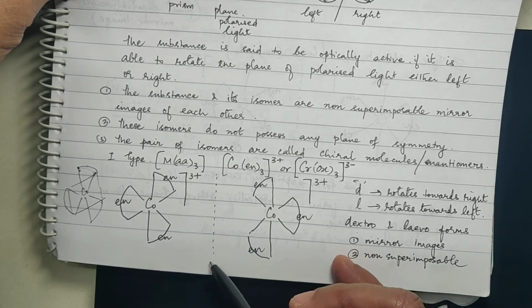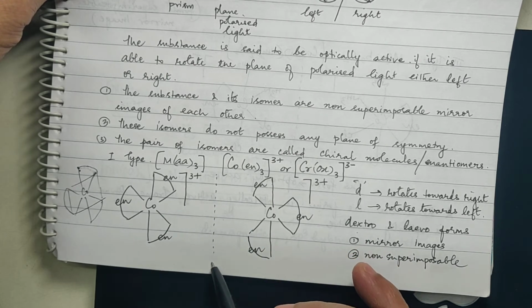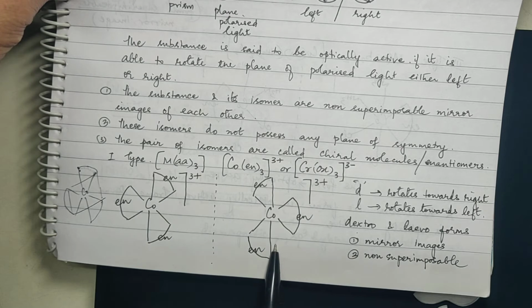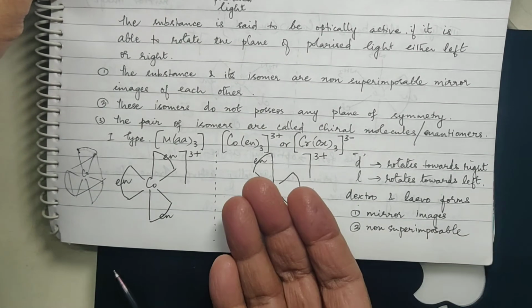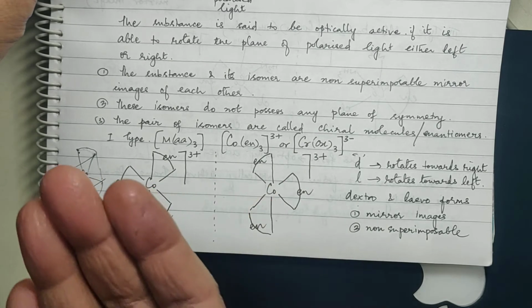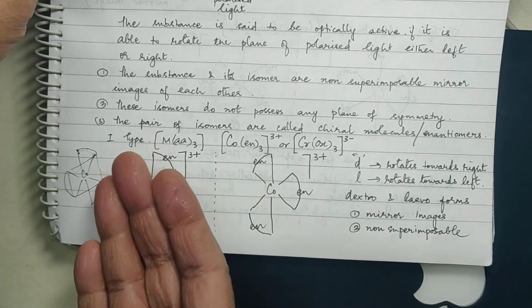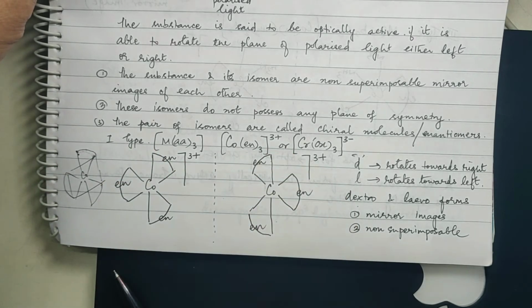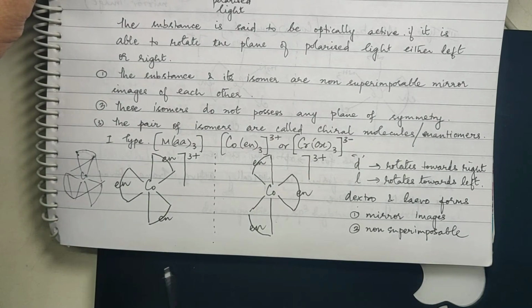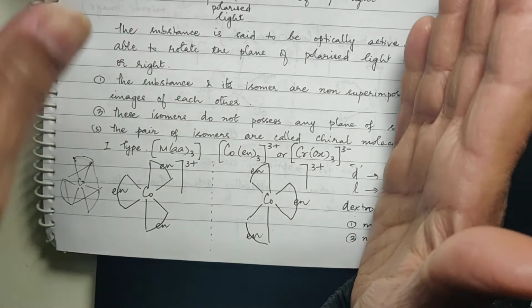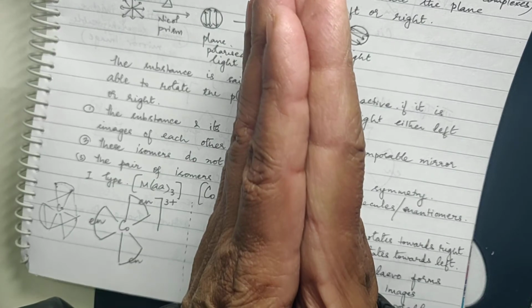Now if you take the mirror image of this, you will get it like this, right? And if you flip this from the paper and place it over this, you will find that they will not superimpose. But if you show it like this, it will superimpose.